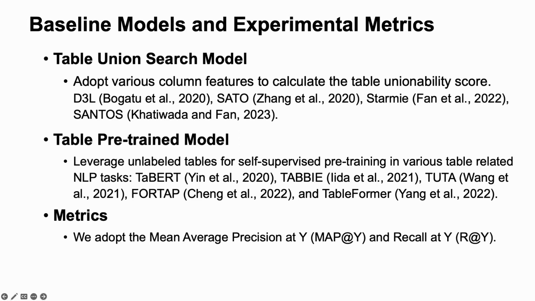Here we have D3L, SANTOS, Starmie, and QS. The second category is table pre-trained models that leverage unlabeled tables for self-supervised pre-training and achieve promising results in various table-related NLP tasks. Here we have TaBERT, TAPAS, TUTA, FORTAP, and TableFormer to calculate the column unionability.